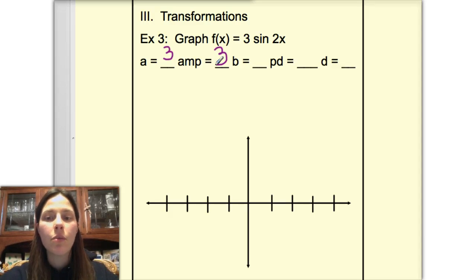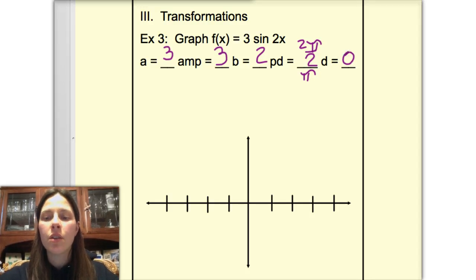The b value is what we multiply by the x, so in this case our b value is 2, and the period of the function becomes 2 pi divided by 2, or of course simplifying that to just pi. And the d value in this case, we don't have one, there's no adding or subtracting on the end, so we don't have a vertical shift on this one.